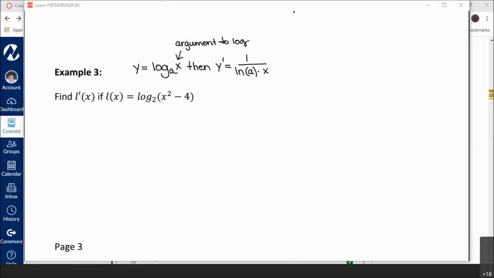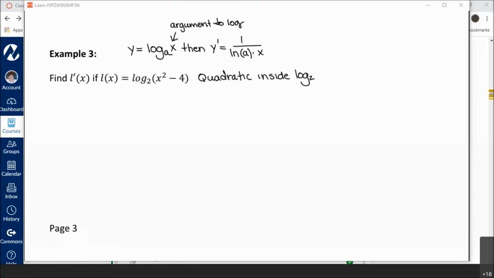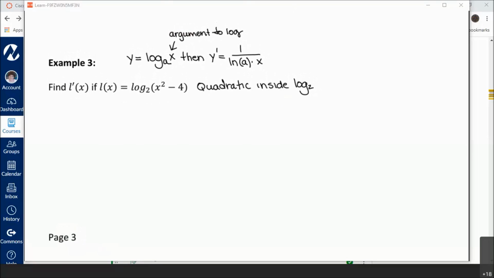Okay, now if I look at my function L, okay, this is a quadratic inside log. Log base 2. Okay, everybody see that? Because again, the first thing that would get x would be the argument to the log. Okay, and that's a quadratic function.